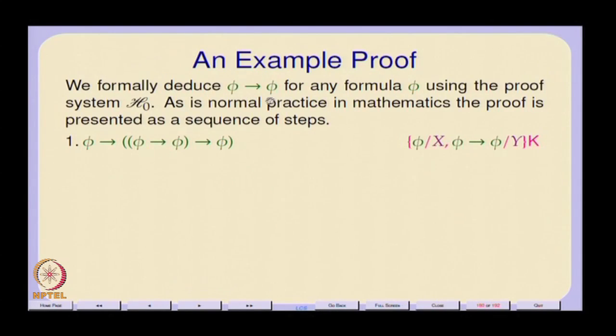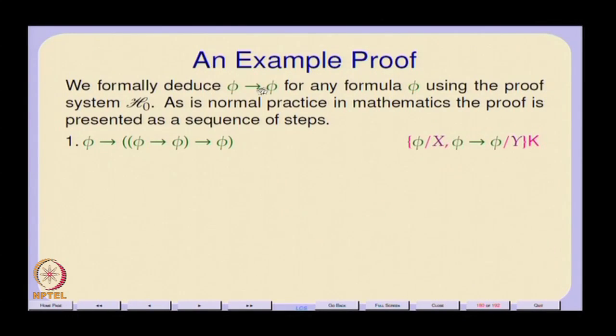This is essentially the reflexivity of the conditional. You have to prove phi arrow phi from an empty set of assumptions. Here this gamma is an empty set and you are going to prove phi arrow phi. So, phi arrow phi then is a theorem if you can find a proof for it.